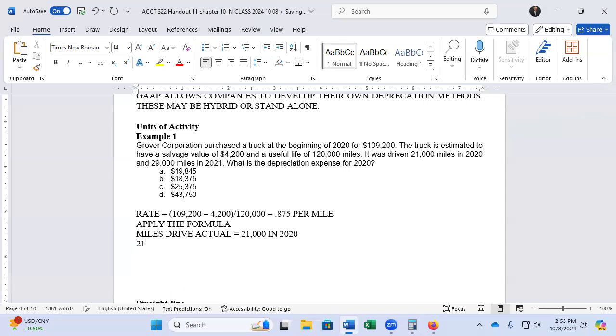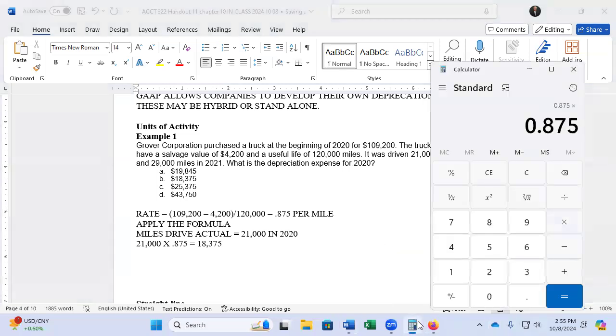So we take that 21,000 and multiply it by 0.875. It should come out to 18,375. Let's check that. 18,375.